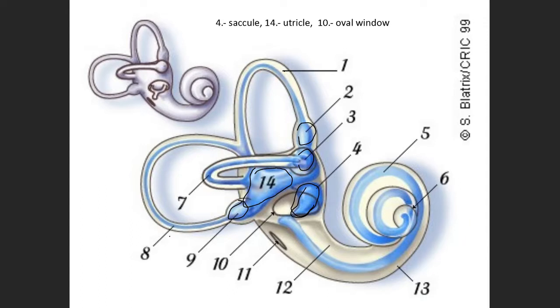This structure right here is the oval window. So this is the place where the stapes is going to position itself. And then to one side, we have the cochlea, which is the place where the hearing receptors are going to be found. And again, you have 2 sets of tubes, the bony and the membranous. Now, between bony and membranous, there is a liquid called the perilymph.